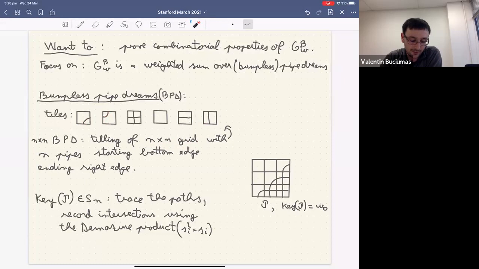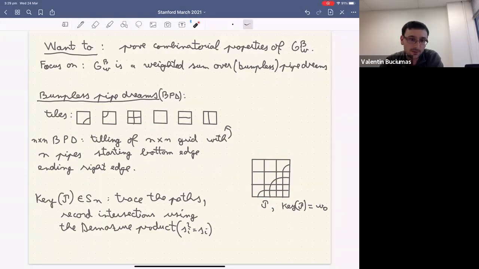You always have n pipes starting from the bottom edge and ending at the right edge. So as we can see in this example, we have 3 paths starting at the bottom edge, and then 3 ending on the right. There's nothing on the left and nothing on the top. And each 1 by 1 tile will have to be one of these 6 tiles. So this is an example of a 3 by 3 bumpless pipe dream.